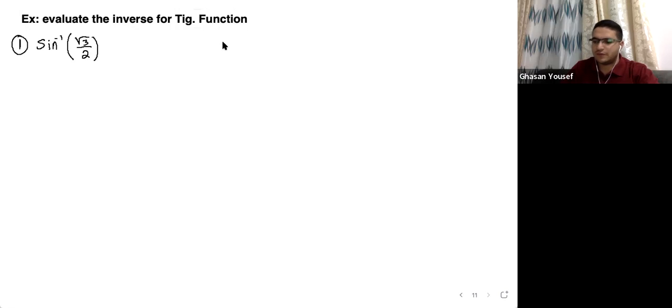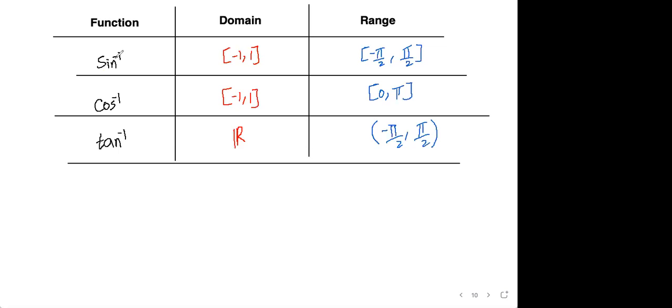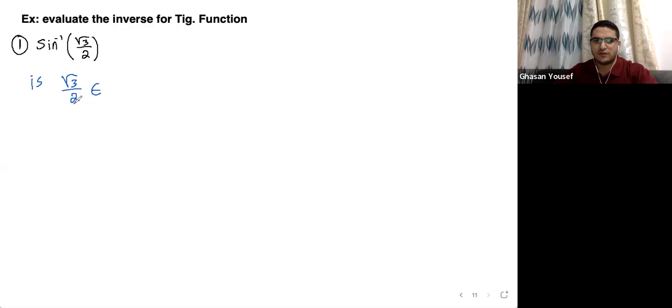Okay, let me do the first one. My question is, find the sine inverse of the square root of 3 over 2. So you have to ask yourself first: does the square root of 3 over 2 belong to the domain? What is the domain of the sine inverse? The domain is from -1 to 1. Does the square root of 3 over 2 belong to the interval from -1 to 1? This is your first question for this example.